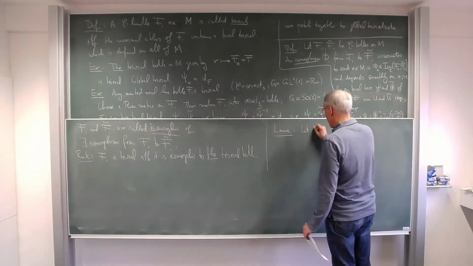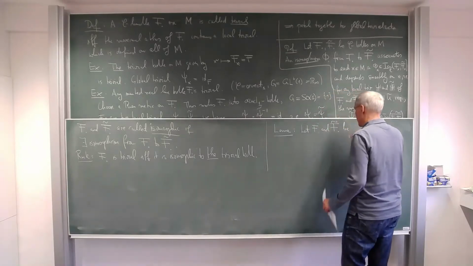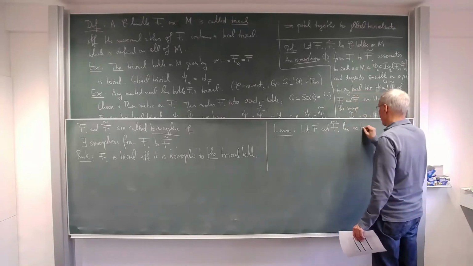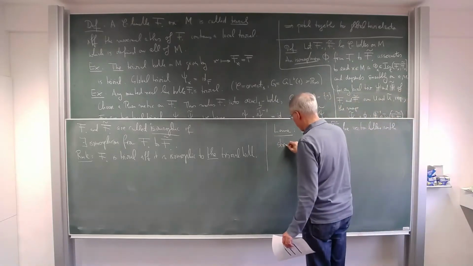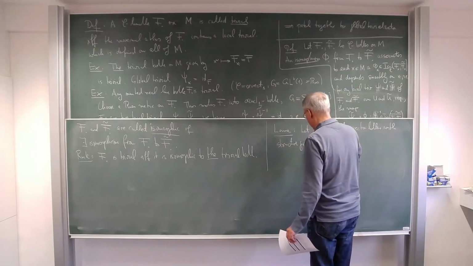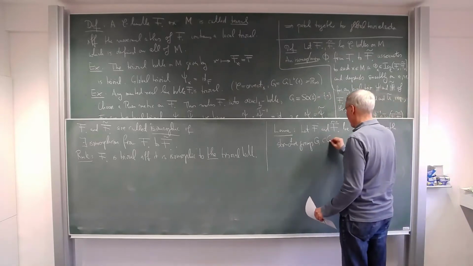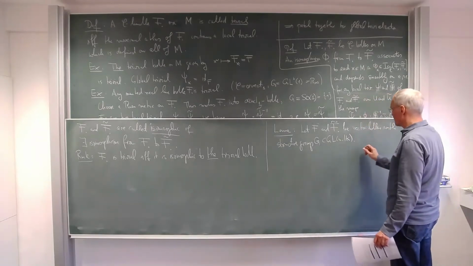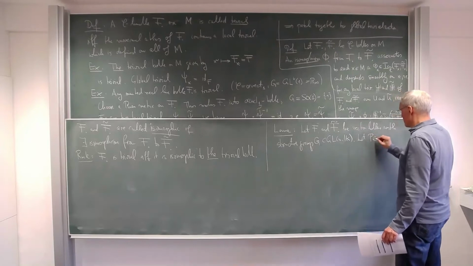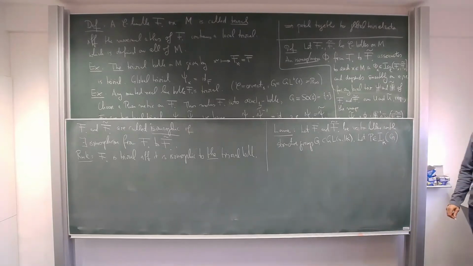Let F and F tilde be vector bundles with structure group G. Fix such a homogeneous polynomial, let P be, let's say, a degree k homogeneous polynomial. If it's not homogeneous, then I can always look at the individual homogeneous parts separately.